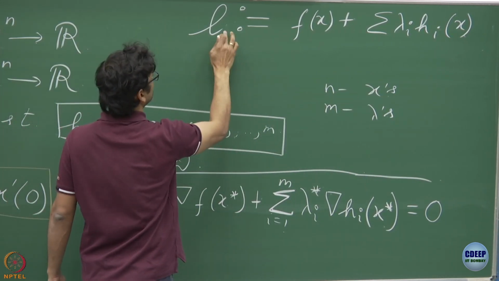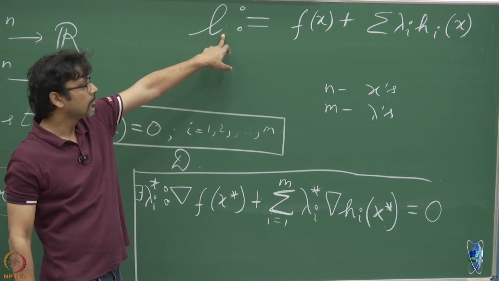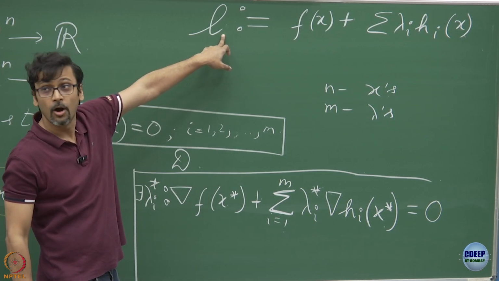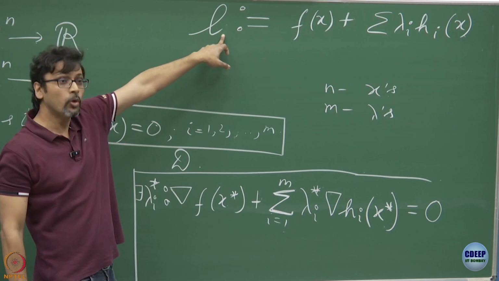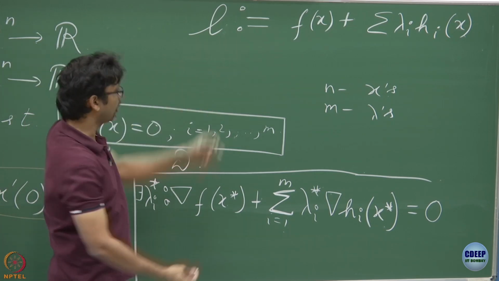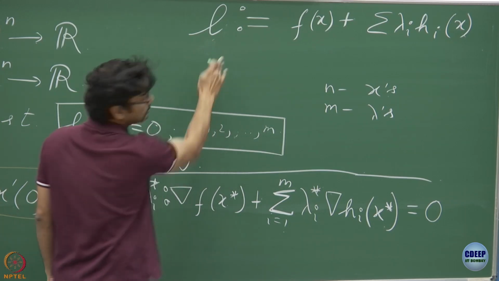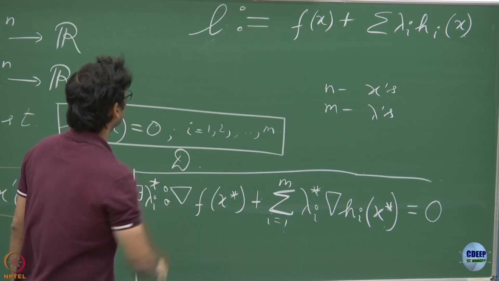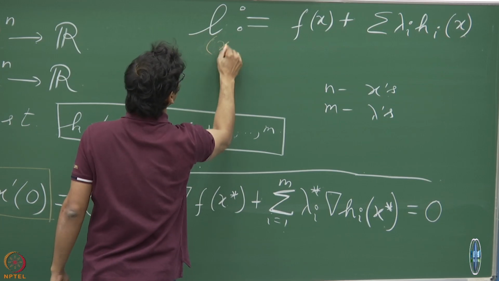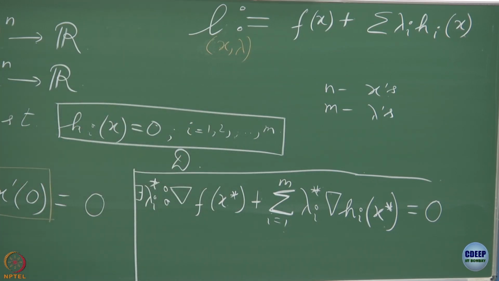But of course, what is implicit here is, what is this L a function of? Of both lambda and x. So essentially, this is a function of both x and lambda, n plus m variables.